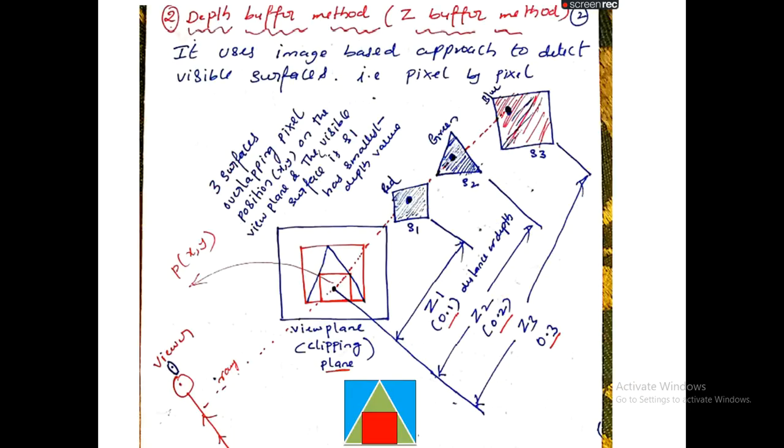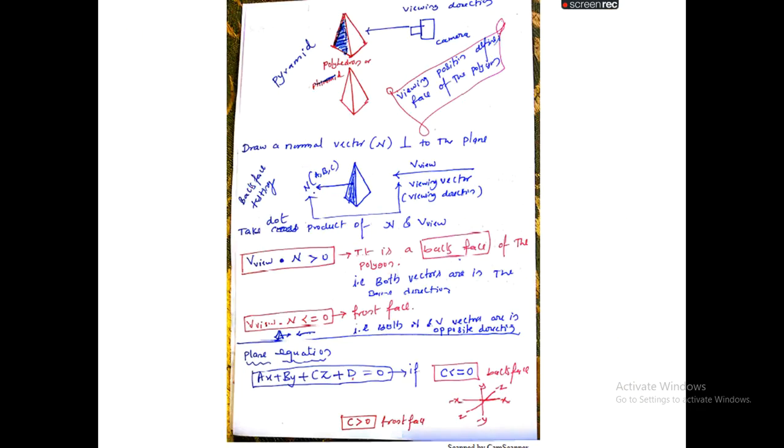If the cross product of the viewing vector and the normal vector is greater than 0, then you can say it is a back face of the polygon, and you need to remove those pixels. No need to display that pixel information on the screen of the monitor.